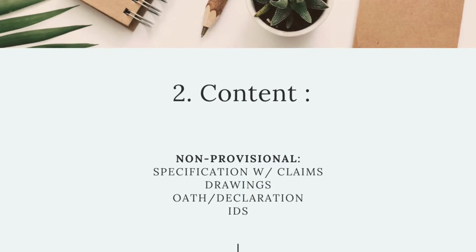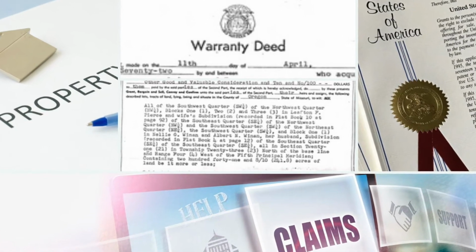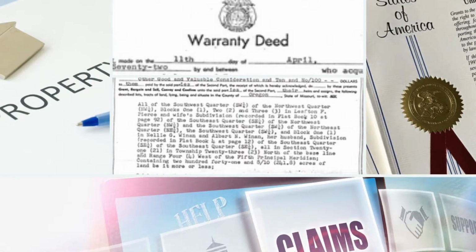The claims are basically sentences that are likened unto a deed, which defines in words the real estate for a particular property. Well, the claims define the intellectual property of your innovative concept in words, okay? And we'll go over that in the future. So you've got your specification that includes a set of claims.